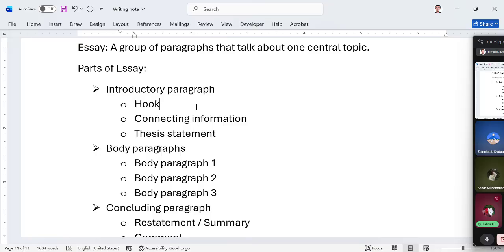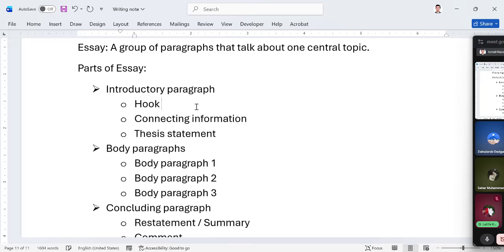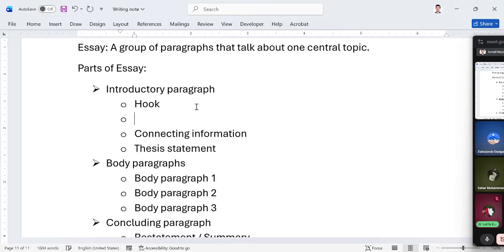These are parts of the introductory paragraph. Now, the hook is usually the first sentence in every introductory paragraph. It is the first sentence of the essay as well. Since it is the first sentence, it is usually the most general statement.